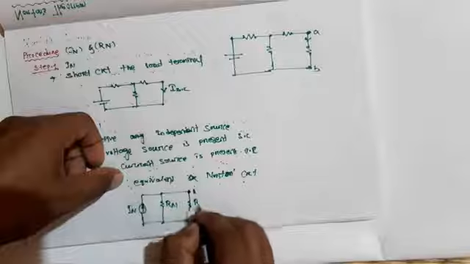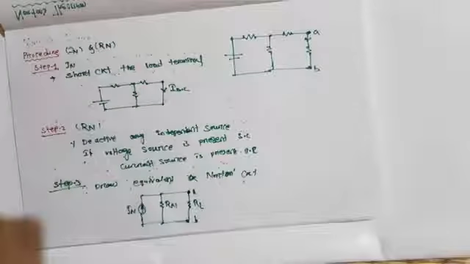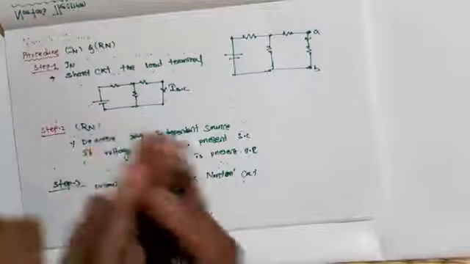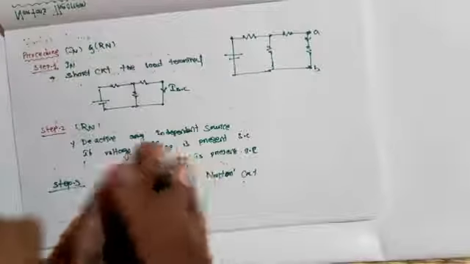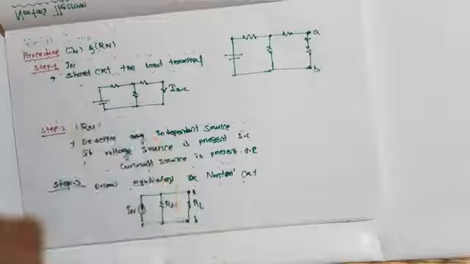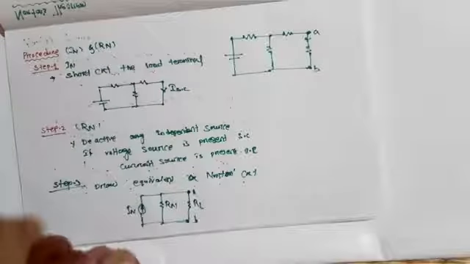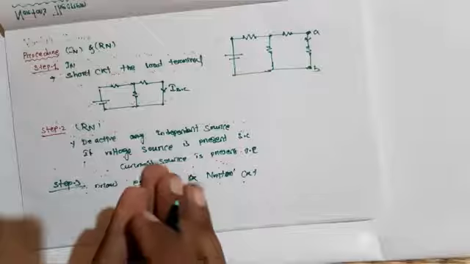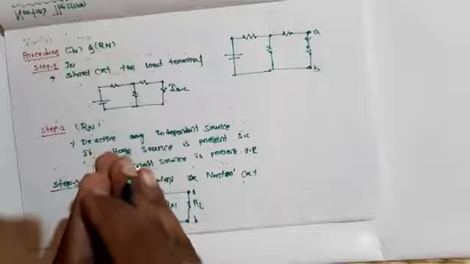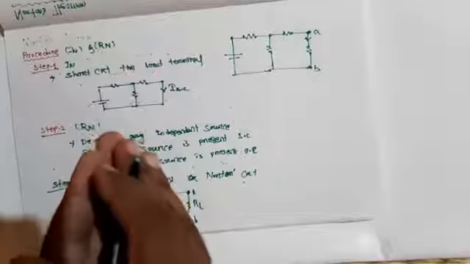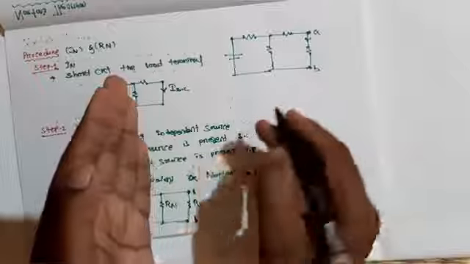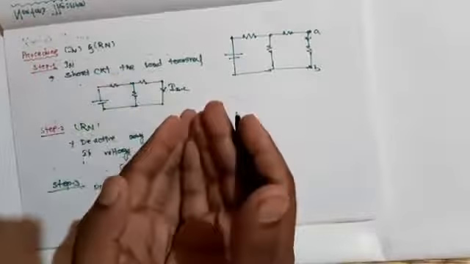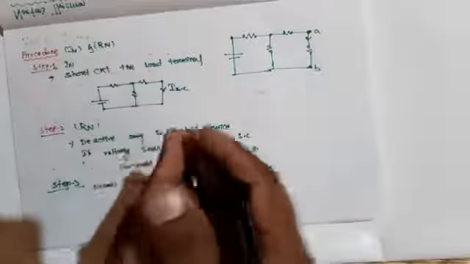We can say that in Thevenin's theorem we find Thevenin's voltage, and in Norton theorem we find Norton current. But a Thevenin's equivalent circuit can be converted into a Norton equivalent circuit by the source transformation technique.